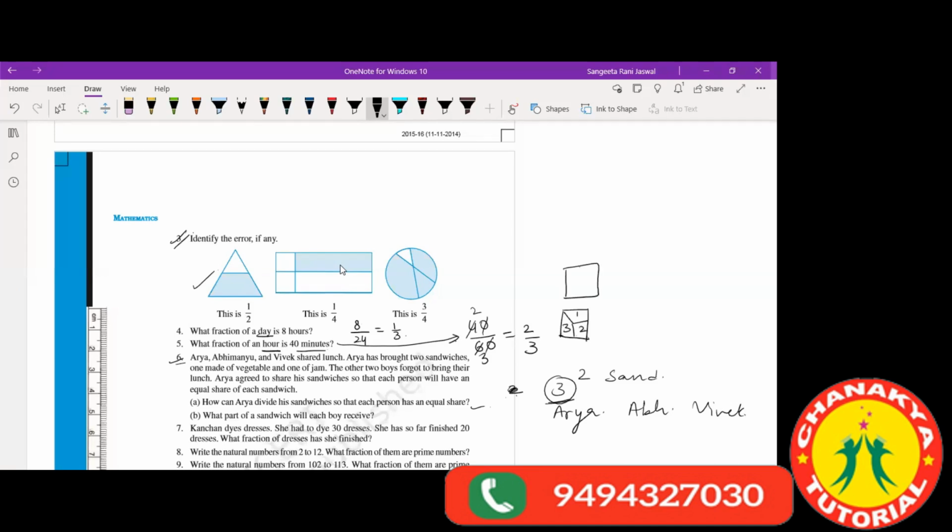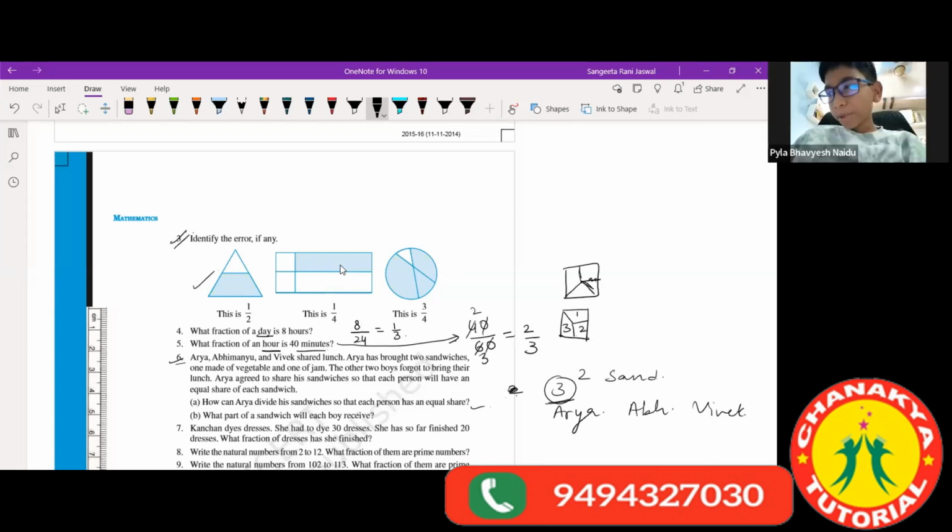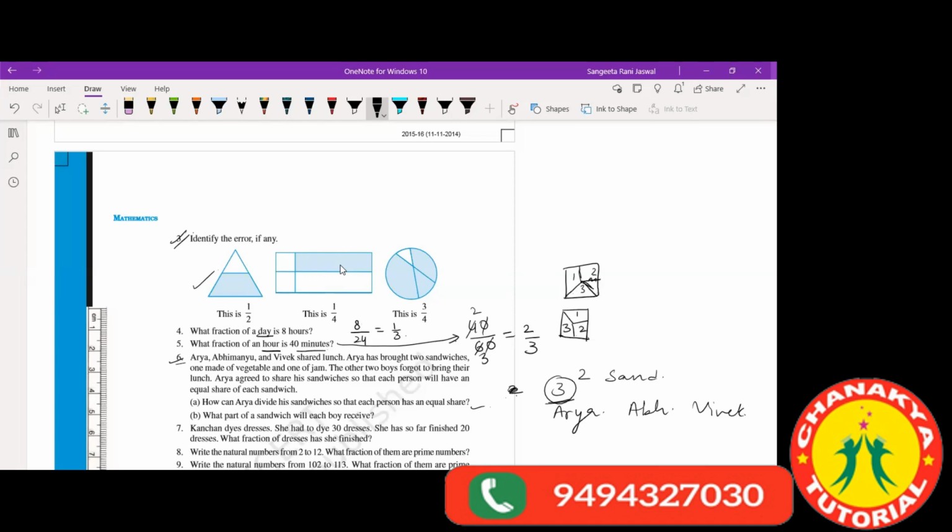Similarly, another sandwich will also be divided into equal parts, right? Like this or somewhere like this. All right. Yes, ma'am. So each person will take one part of the other sandwich also. Okay.